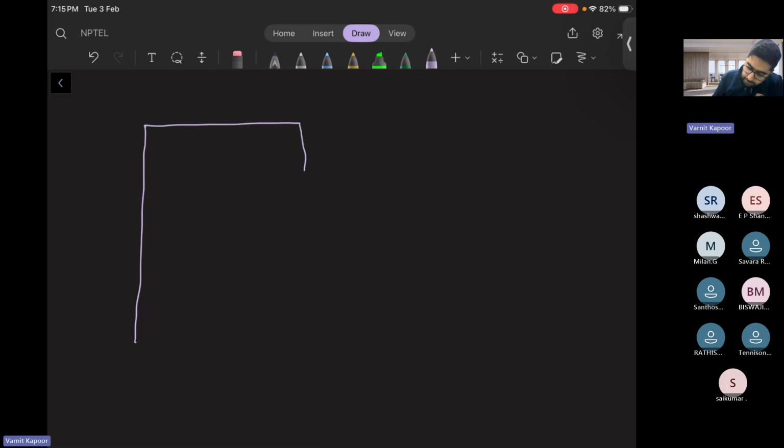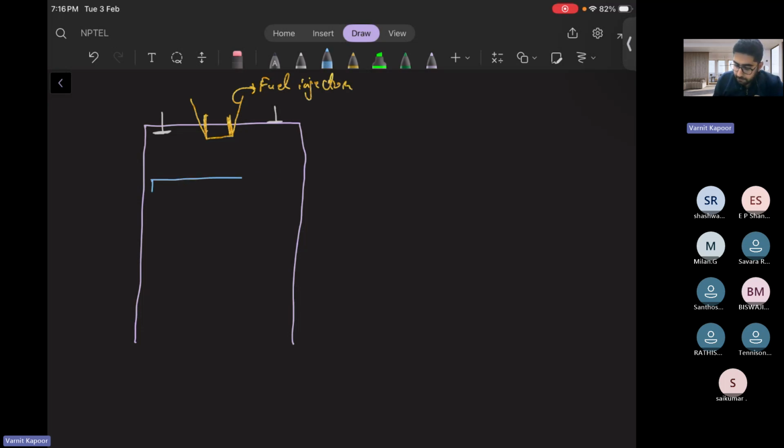I'm making the diesel engine, again the cylinder. This is your inlet valve during suction. The exhaust valve is closed. This is not a spark plug; this is your fuel injector, from where diesel is injected. Again you have a piston.